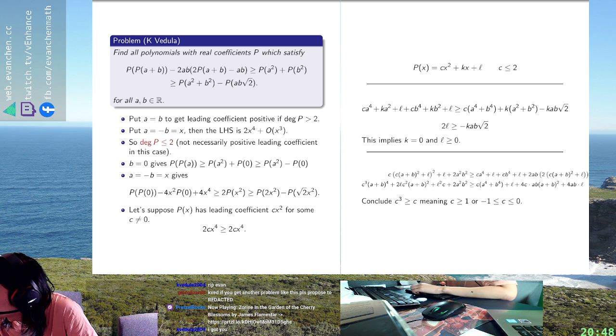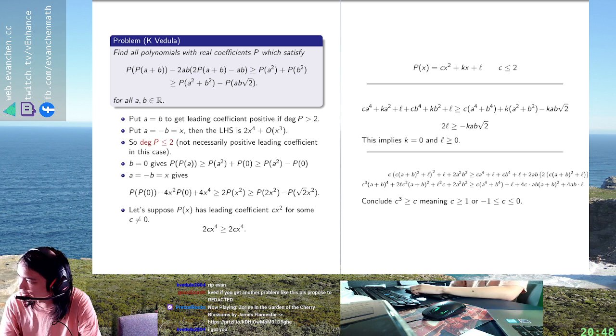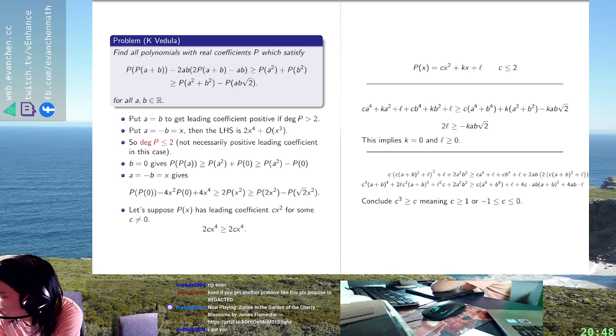Okay. If that's true, is the inequality just true outright? Not if L is too large, right? What controls L? There's the C and then there's this contrived 2C squared, A plus B squared.